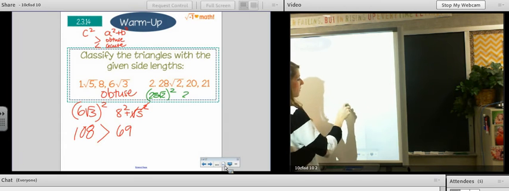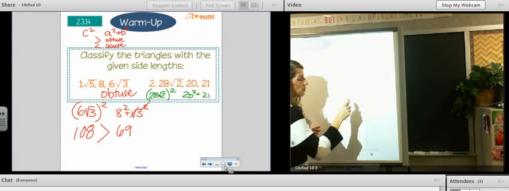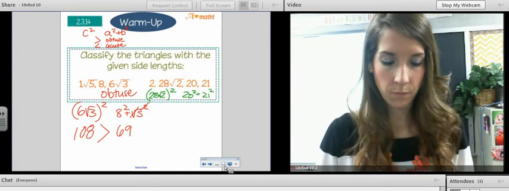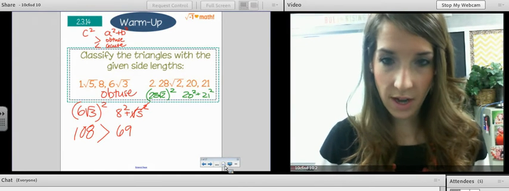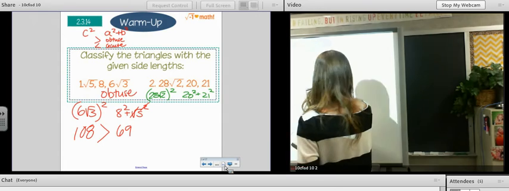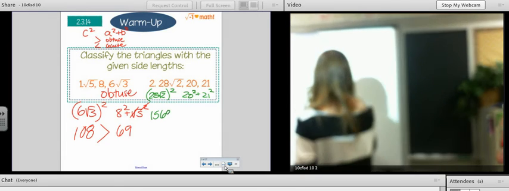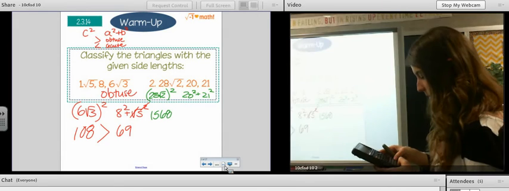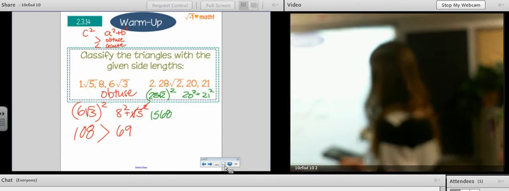Always put C squared first, and then put A squared plus B squared. So let's see, these numbers are getting large, huh? Did you get 1,568? And then 841.